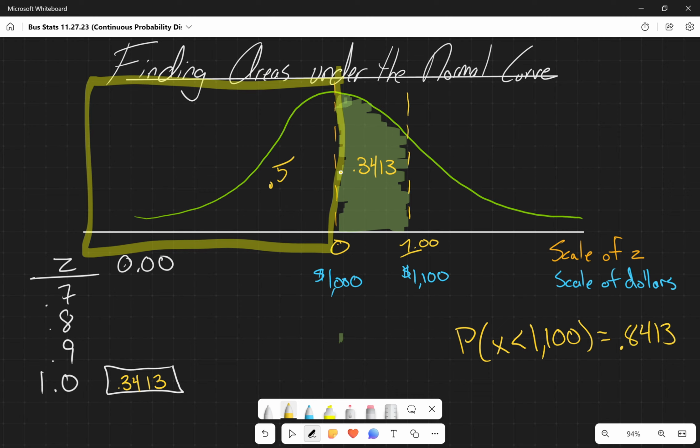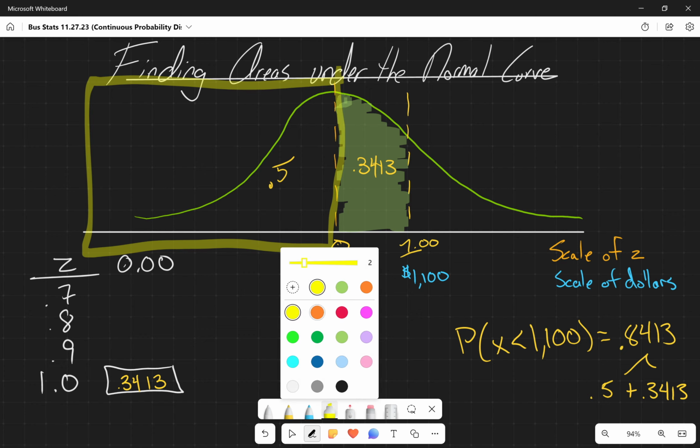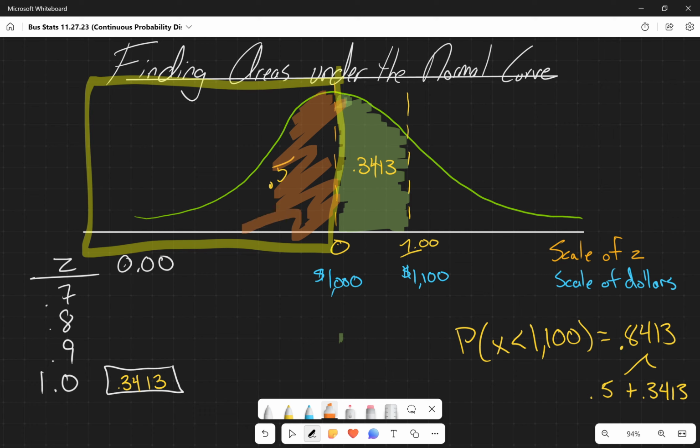How do we get 0.8413? Well, we just took 0.5, this part over here, and we added it to the 0.3413 to extend this shaded region out to have this whole extra part, right? Because this is anybody making from 0, can't make negative money, up to $1,100 driving for Uber or Lyft.